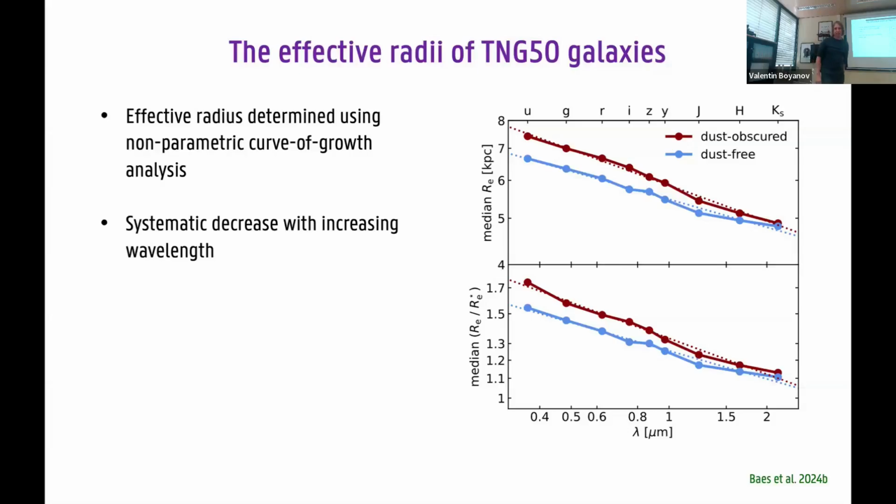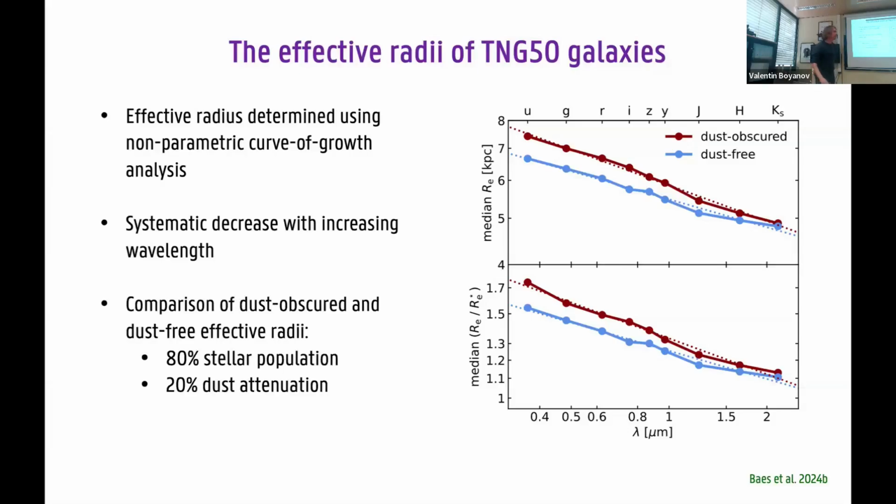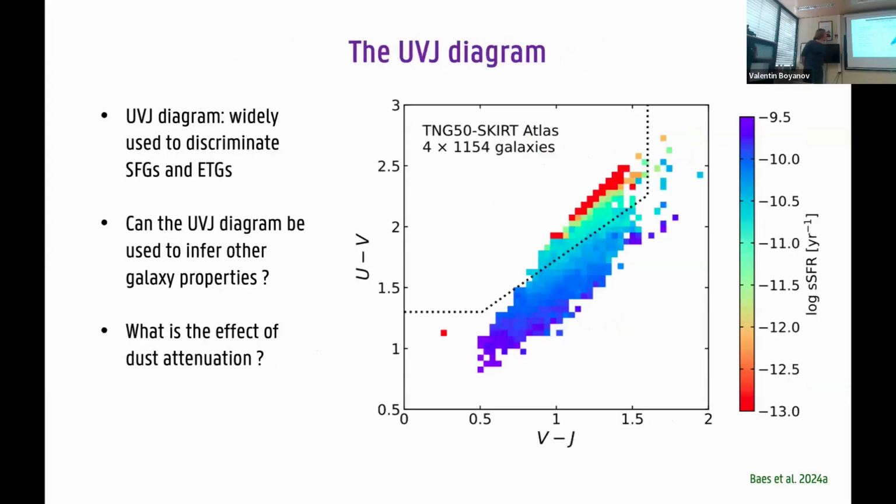If we quantify that, we find that 80% of this trend with wavelength is due to stellar populations, and dust attenuation is responsible for only 20% of this trend. Which might be interesting for people who want to correct their observations for dust.